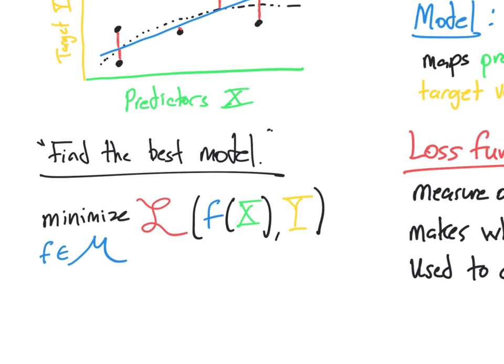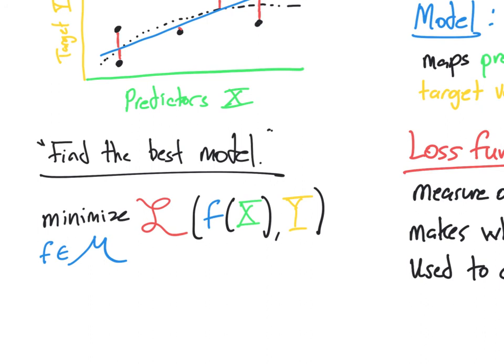There are a lot of problems that this can pose for us. We can ask ourselves questions like, which predictors are the best predictors? Which loss functions are appropriate for the problem that we're looking at? Which set of models M is most appropriate for my data set?